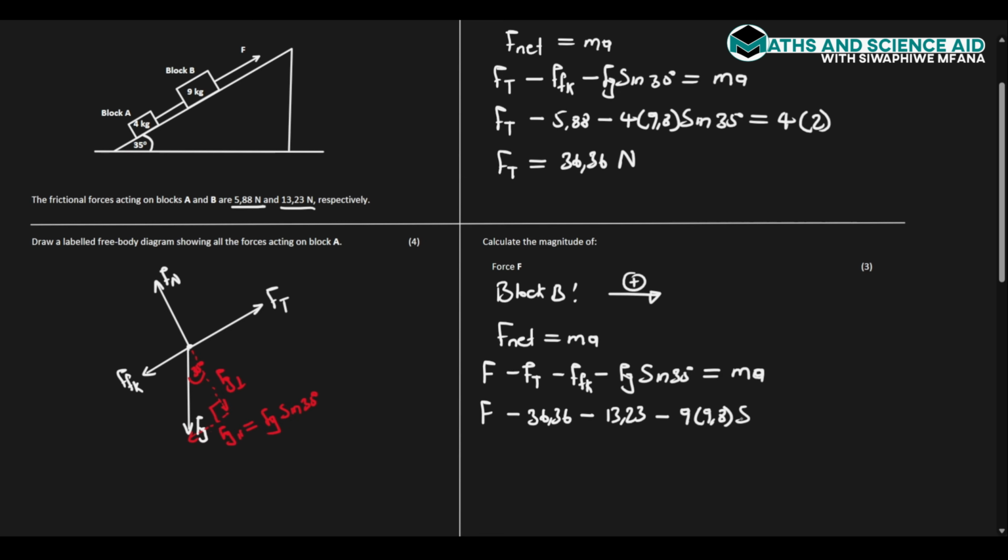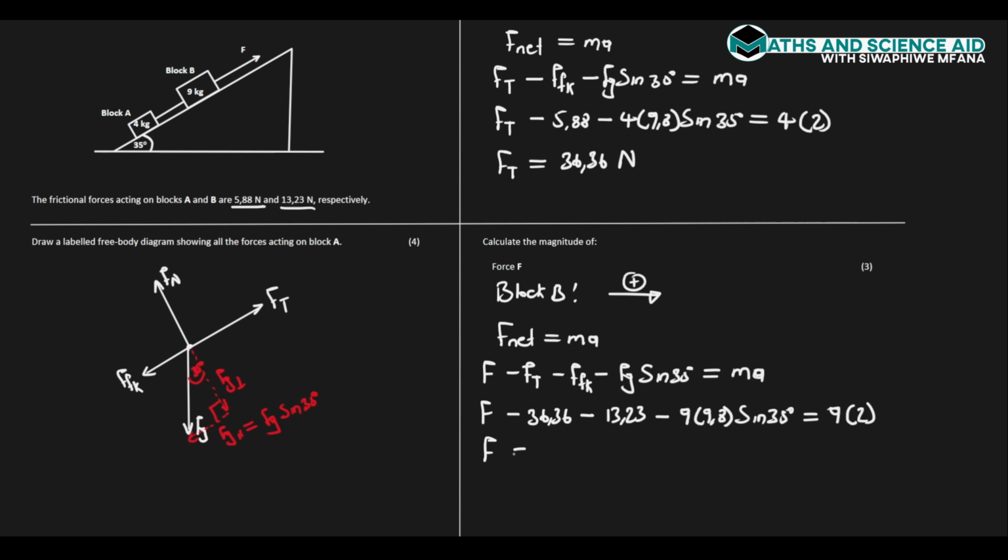And then we multiply that by sine of 35 degrees. So this will be equal to the mass, which is 9 kilograms, multiplied by the acceleration of these blocks, which is 2 meters per second squared. And again, that is positive simply because the acceleration is also acting up the plane.